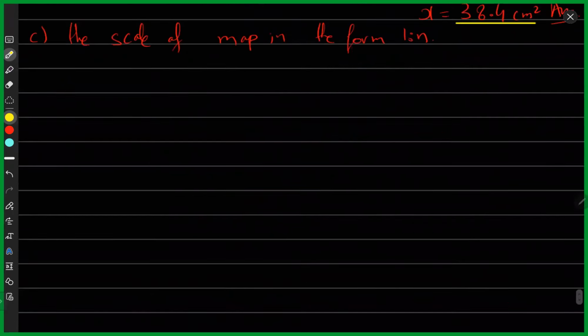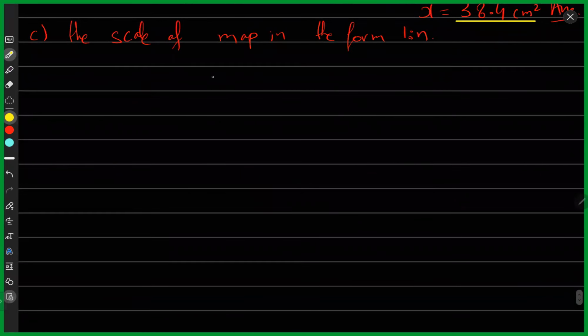So the standard ratio was 8 centimeters ratio 2 kilometers, and you need to make it look like this one. For that, you need 1 here, so I'll have to cancel out the 8. But for that, the important part is I need to first convert kilometers to centimeters.